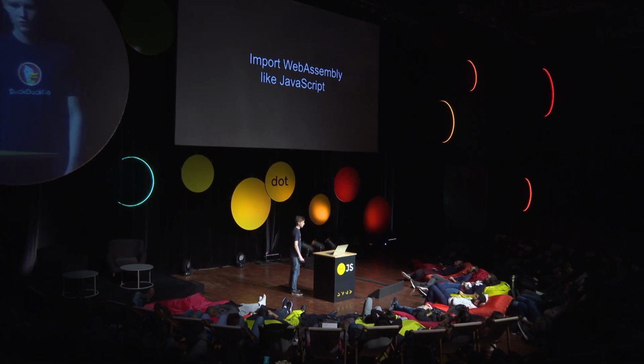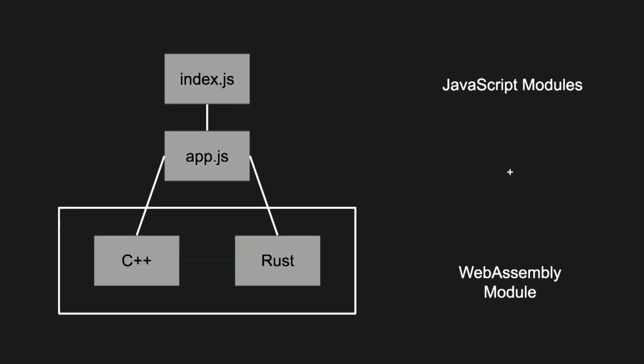So what I would like is to first import my WebAssembly like I import my JavaScript, using the latest JavaScript syntax. So here's an example of my project module graph. I have an entry point, index.js, that imports my app.js file. This app.js file imports a WebAssembly module.